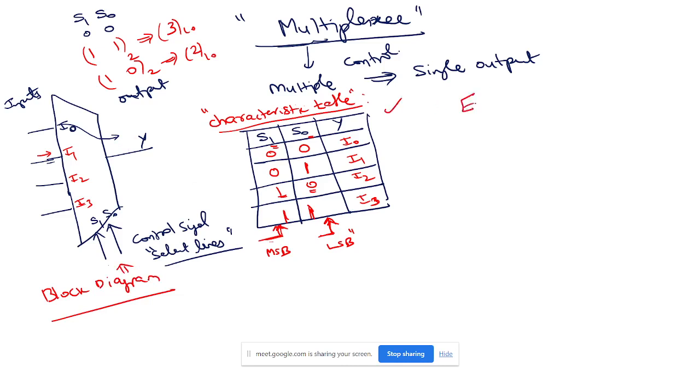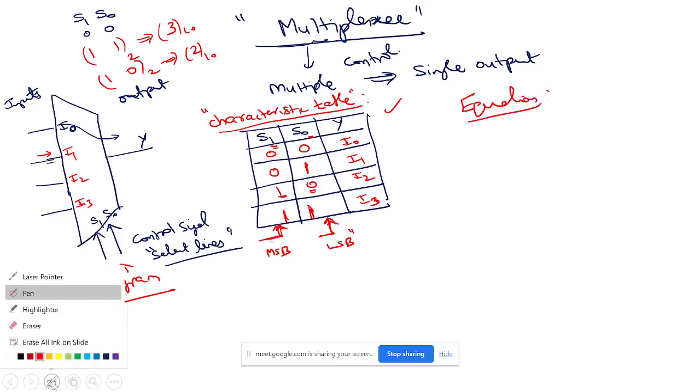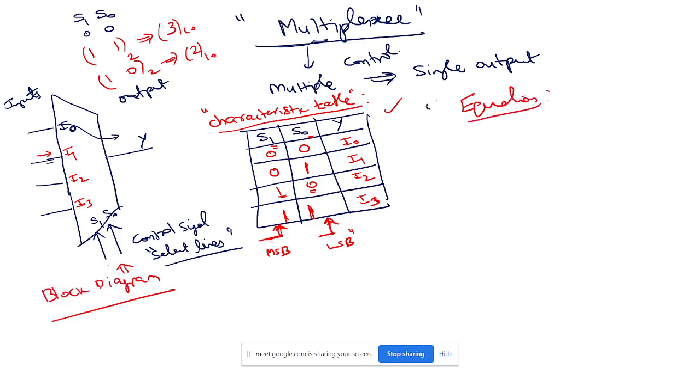Now in terms of equation, the multiplexer output equation, right? What can I write? Y is I0 when S1 is 0 and S0 is 0. How can I write that? S1 complement, S0 complement, I0.